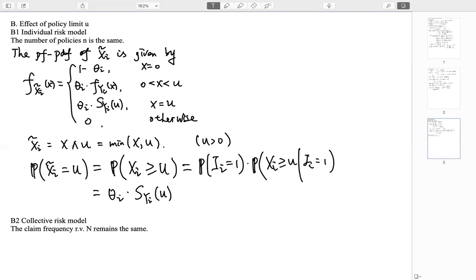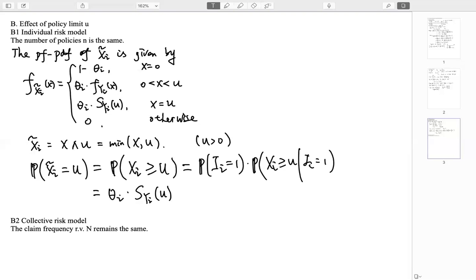What changes is for big losses. Let's say the policy limit is $1,000 and there is an accident causing a payment of $2,000, then the company only pays $1,000. But it does not alter the fact of a payment event. The company still pays, it's just that sometimes it will not pay the full amount. So that's why N remains the same.